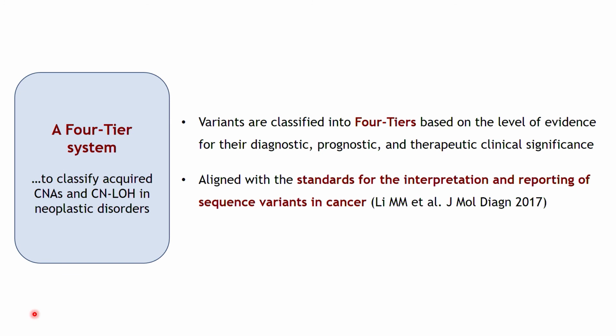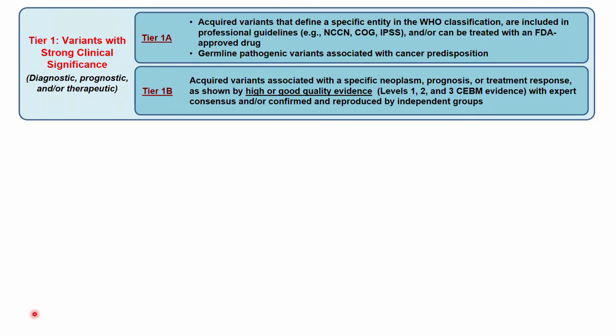This was aligned with standards and guidelines for interpretation and reporting of sequence variants in cancer. We are aware that more and more laboratories are simultaneously looking at copy number abnormalities as well as sequence variants in cancer using an integrated approach, so we wanted to align these two sets of standards as much as possible.